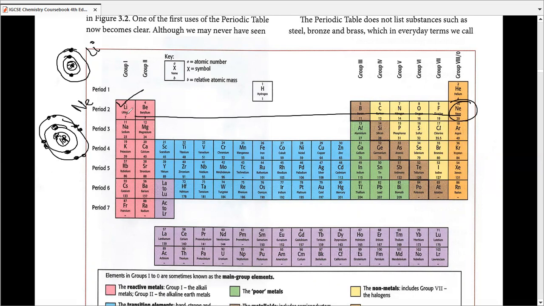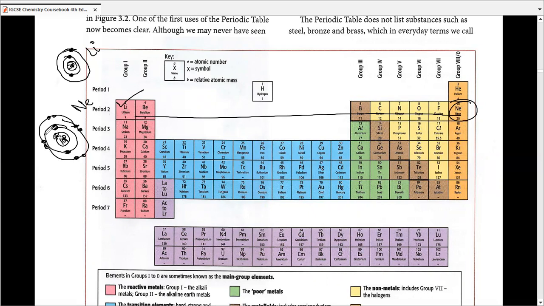The logic's pretty easy. 3 protons are trying to attract 3 electrons, so the attractive forces are not too strong to bring those electrons as close to the nucleus as they can. However, here the attractions are pretty increased, because 10 protons are attracting 10 electrons. So they can actually call the electrons in or pull them inwards, causing this entire atom to shrink. Hence, neon has a smaller size as compared to lithium.